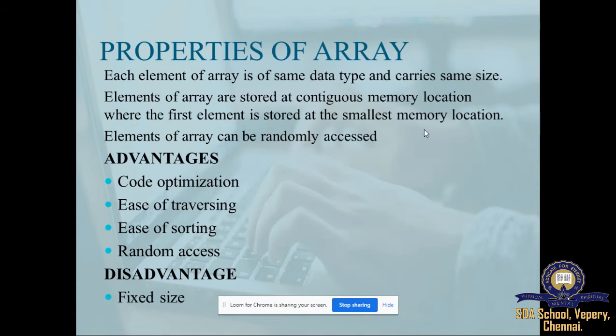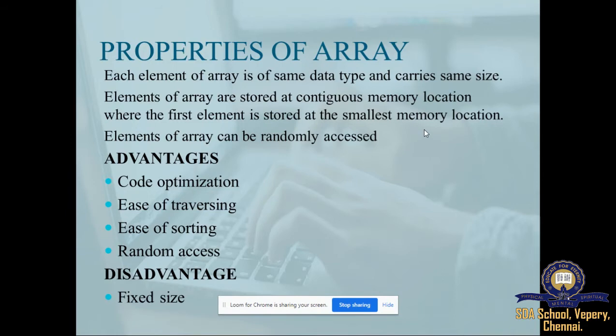So the advantages of arrays: it is for code optimization, that is, you can reduce the code. It is ease of traversing, that is, you can easily move through the different elements and check how many elements are present, from the first element till the last.